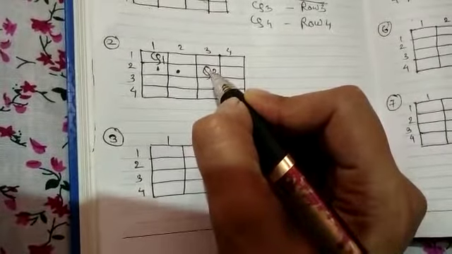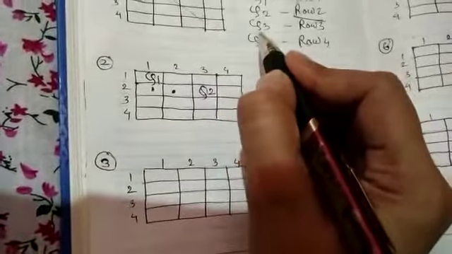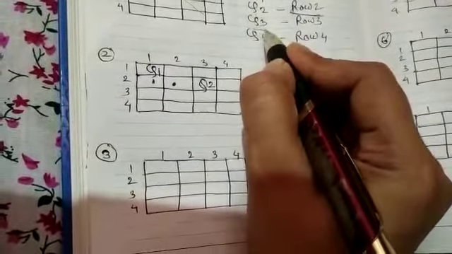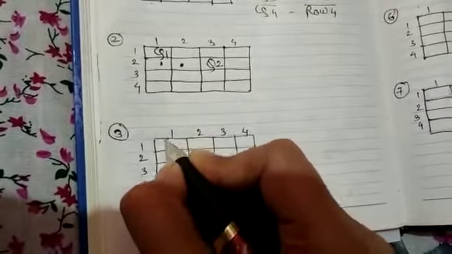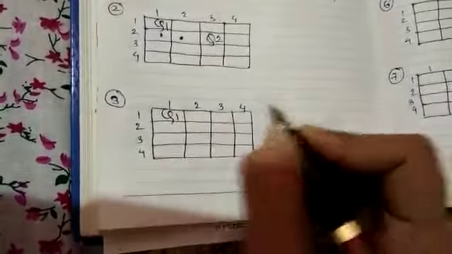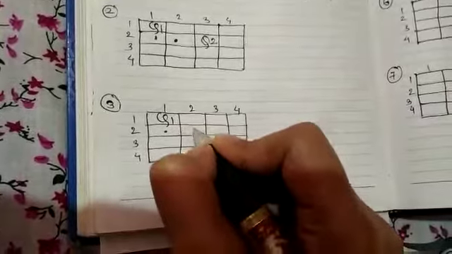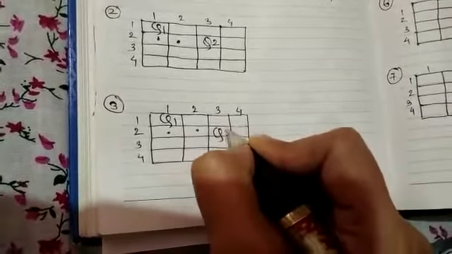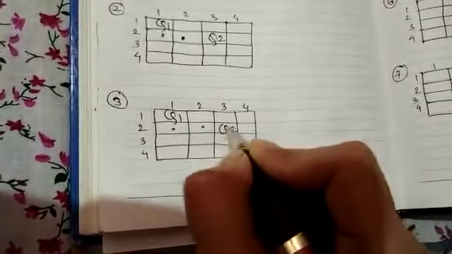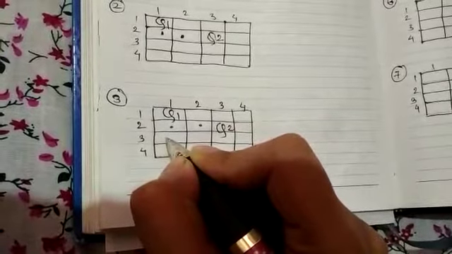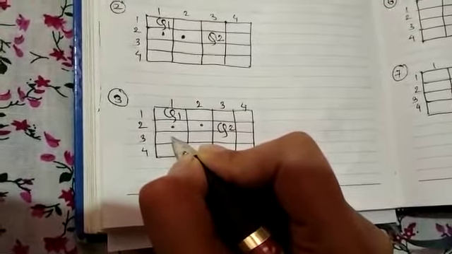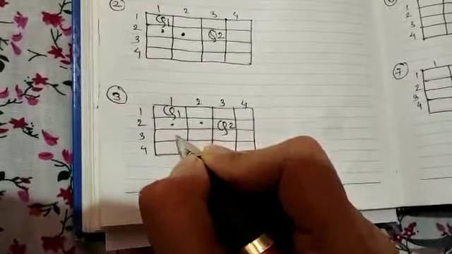Now the next thing is, I'm going to place Q3 in row 3. So I'll continue with the solution, Q1, then Q2, and I'll start from the first column to place Q3. Definitely I cannot place it over here.